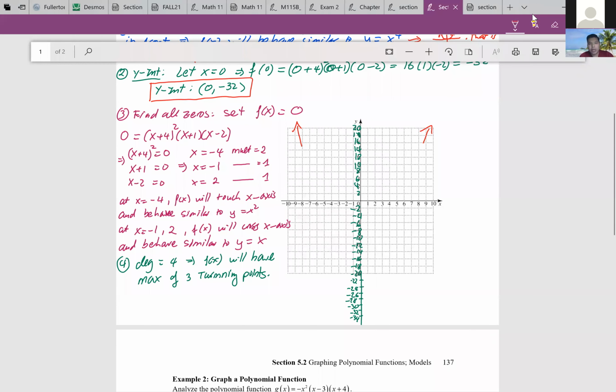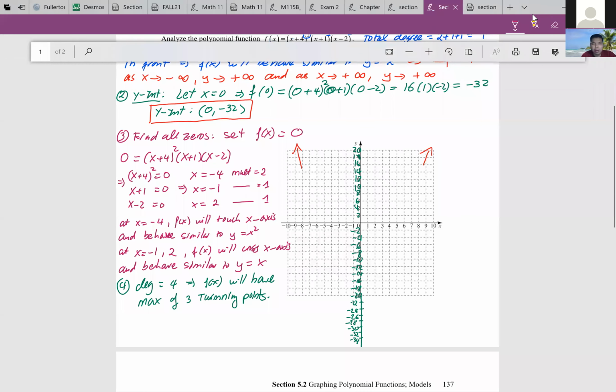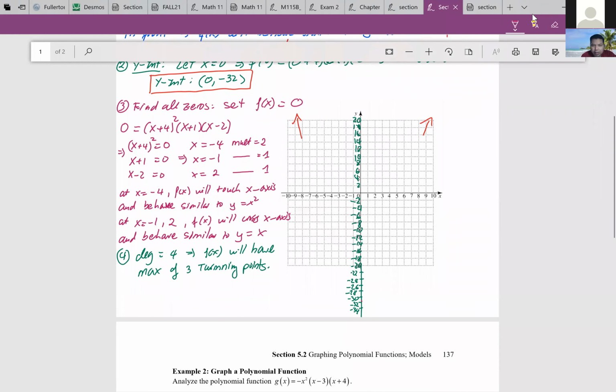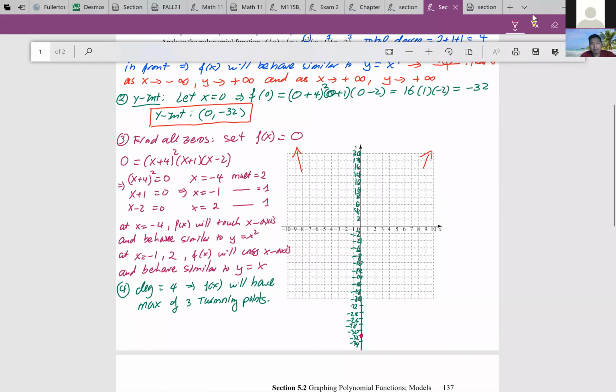Okay, so let's throw in what we know. I know the end behavior. I know the y-intercept will be 0 and negative 32, so I have to cross that. And the x-intercept will be negative 4, which is right here. And you can see here, it has to touch and turn around. So I know for sure it's going to look something like this. And then at negative 1, it will cross, so it's going to look something like this.